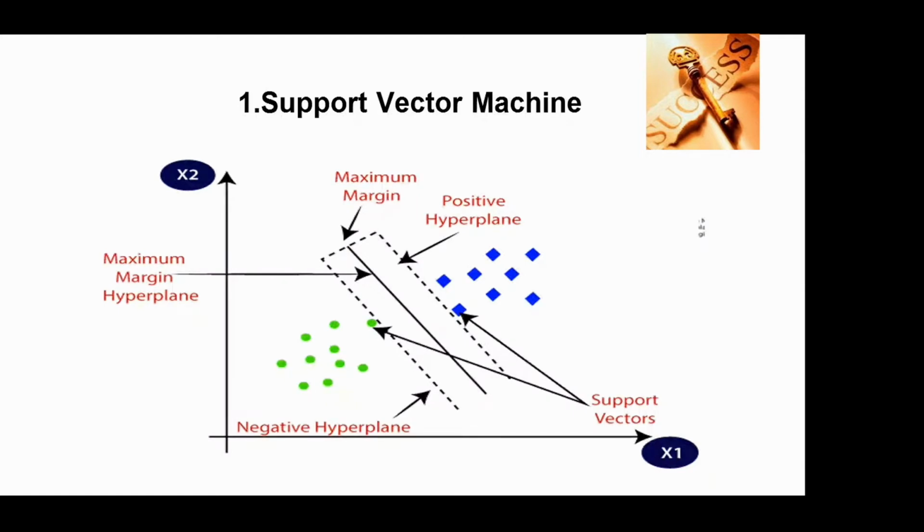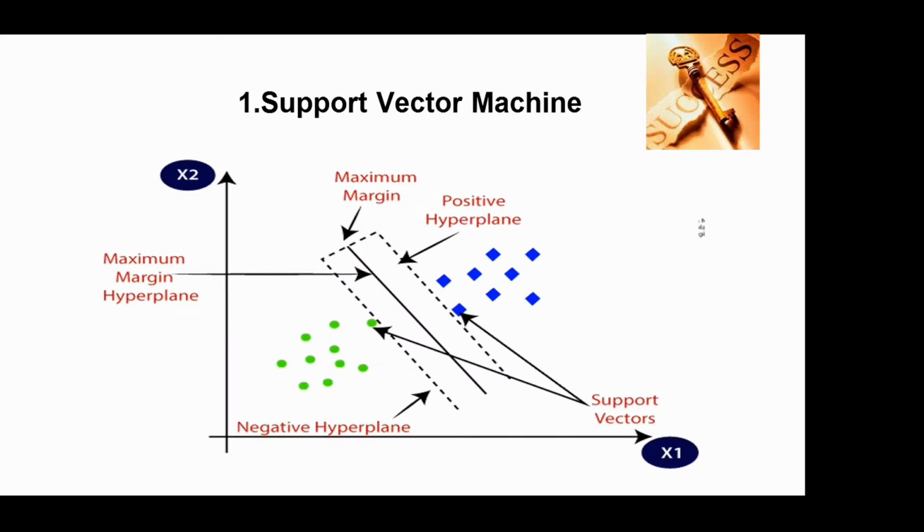The concept of support vector machine is that it will create a hyperplane. First, support vector machine is very useful for separating non-linear data. It is able to draw a boundary line, or decision line, between two classes, or maybe more, 3 classes, 4 classes, for multi-class classification also.